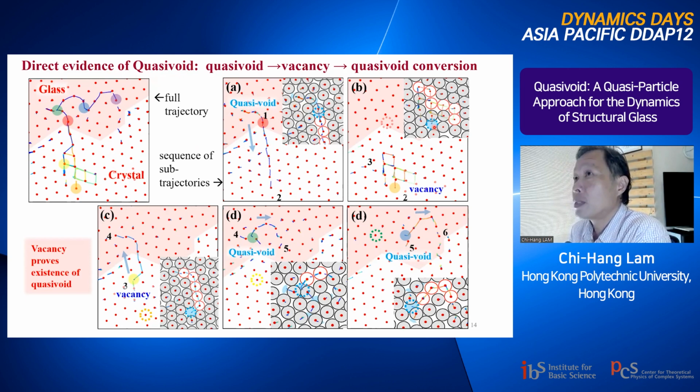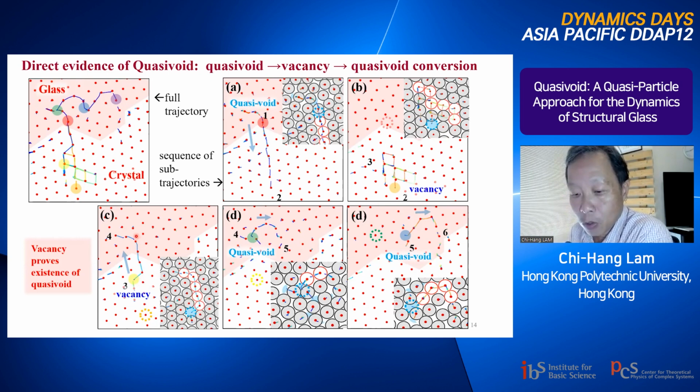And the configuration is shown in this figure. And here, this is the crystalline region. So we can see a missing particle, and this is not a void. This is actually a vacancy in a triangular lattice. And then it diffuses around to this position, and in this configuration, we also see clearly the vacancy diffusing.